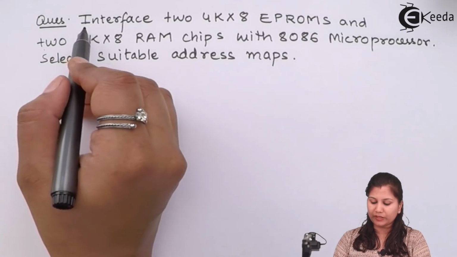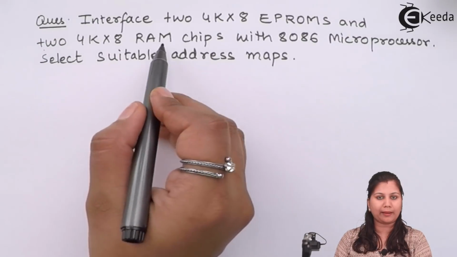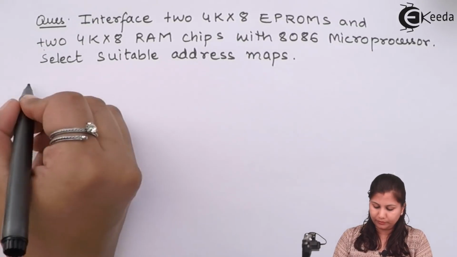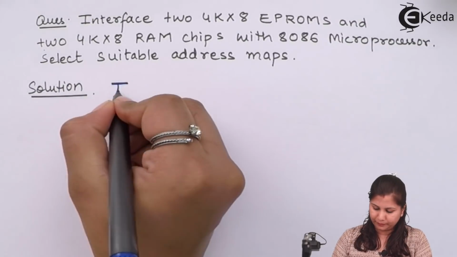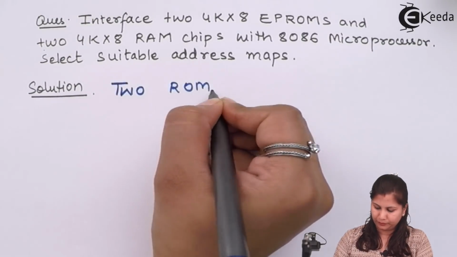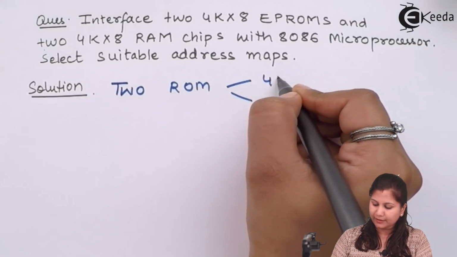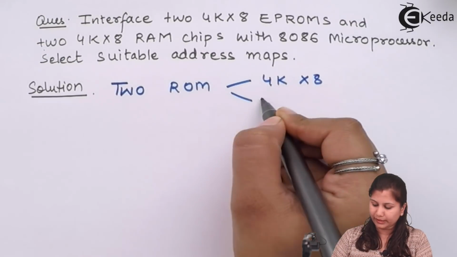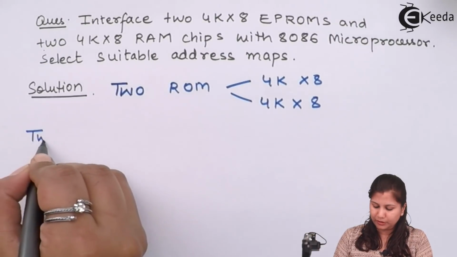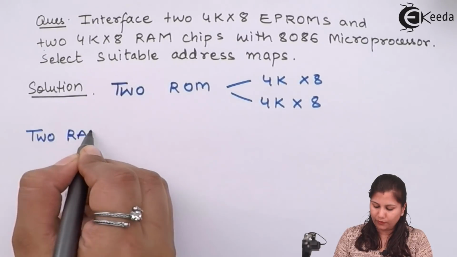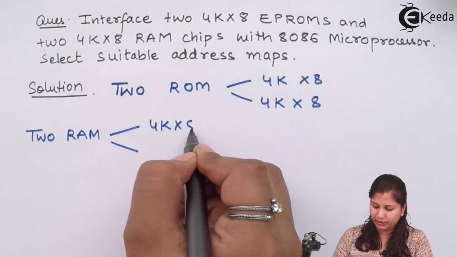Now here in the question we are having two ROM and two RAM chips. The two ROM chips are each of the size 4K into 8. And the two RAM chips are also of the size 4K into 8.